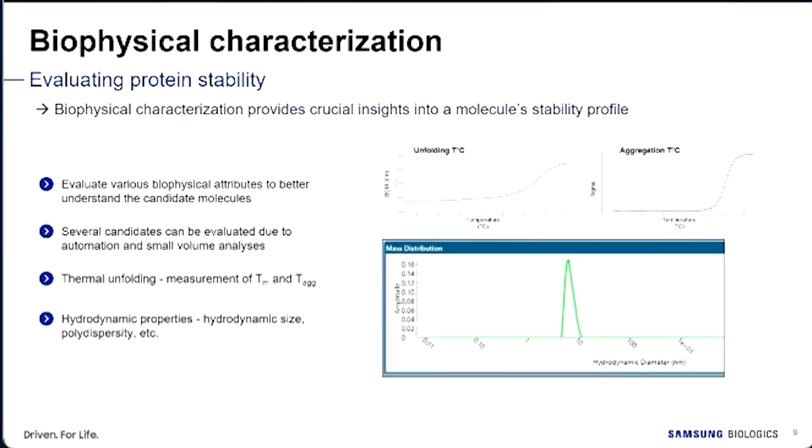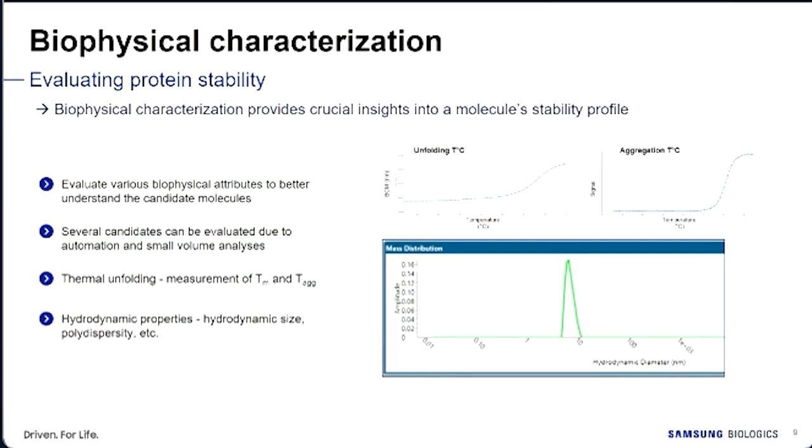Let's look at these one by one, starting from the biophysical characterization step. At first, we use the DSF, DLS, and SLS system to predict the thermal stability and molecular size distribution using the PDI value. On the right side of the slide, you can see the TM and T aggregation graph.